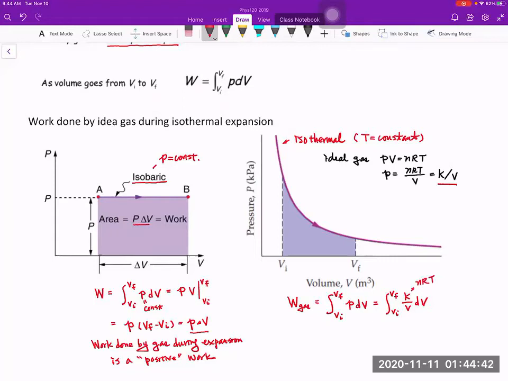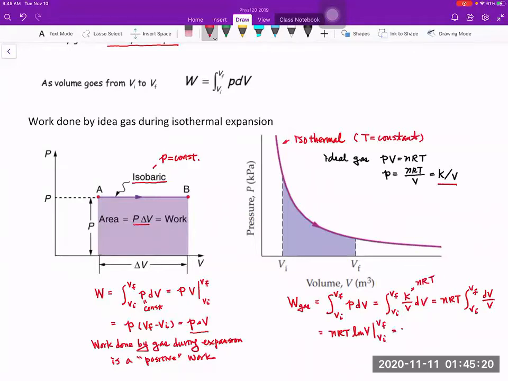Now, mRT can be taken out from here, so you can say this is mRT outside, and what we really integrate is dV over V. Now, this dV over V, if you do the integration, is going to be a natural log. This is one of the important things that you learn in calculus. This is simply mRT times the natural log of V, and you integrate from V sub i to V sub f.